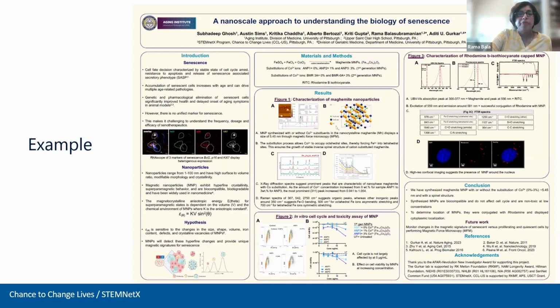In this poster, they start with an introduction to the topic. In this case, it was senescence. All of the background information is captured in concise bullet points, 3, 4, 5 bullet points in this case, with a complex idea of the aspect of the topic presented in nice images right here.